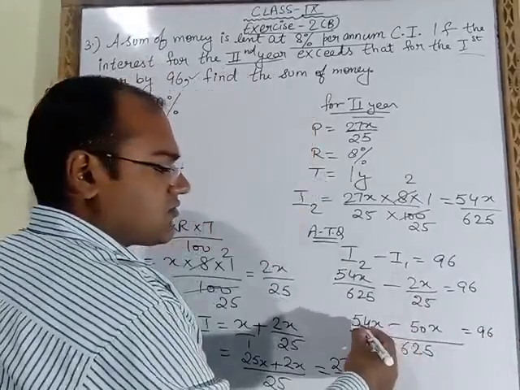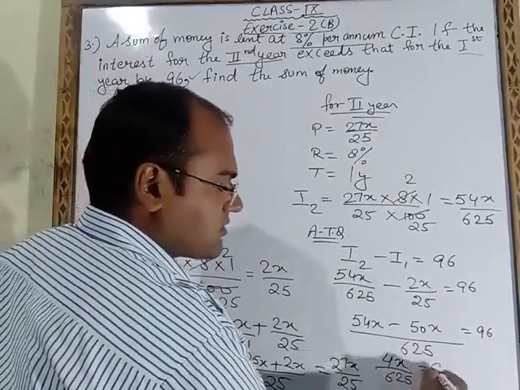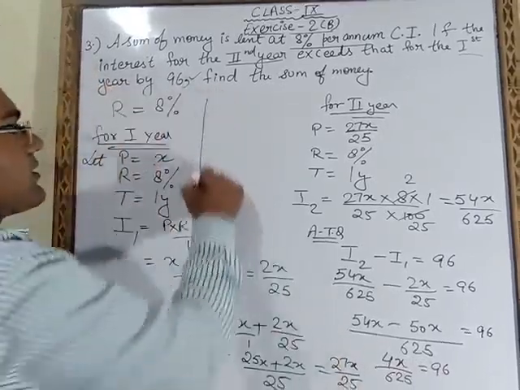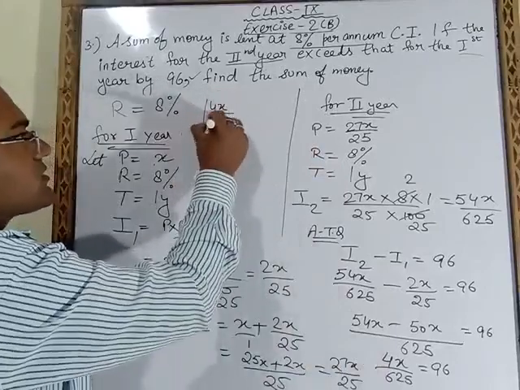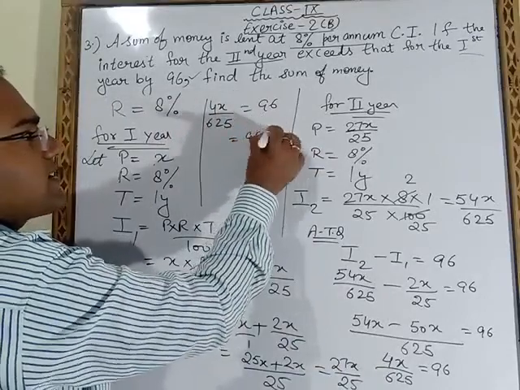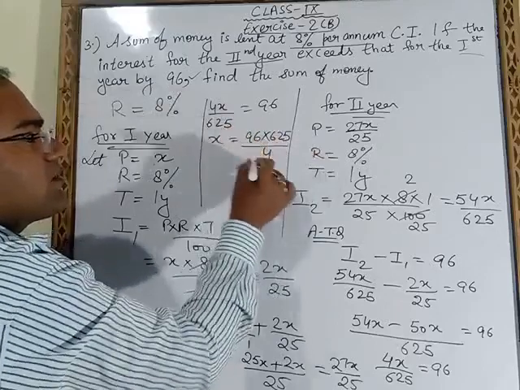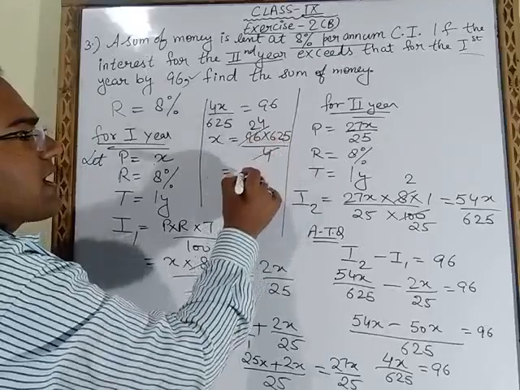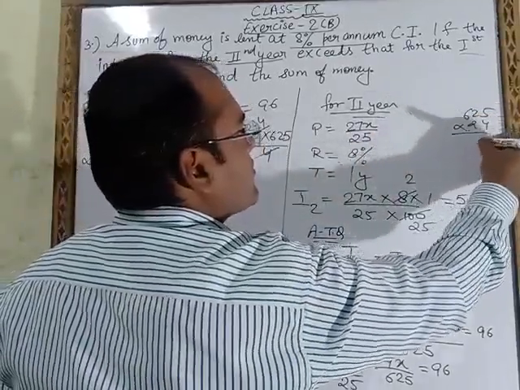Now we will subtract these two. 54x minus 50x will be 4x upon 625 is equal to 96. Now we will solve it. This 625 will come in multiply, 96 into 625, and this 4 will come in divide, and here it will be x. 4 twenty-fours are 96, so 24. Now we will multiply these two numbers, 625 and 24.